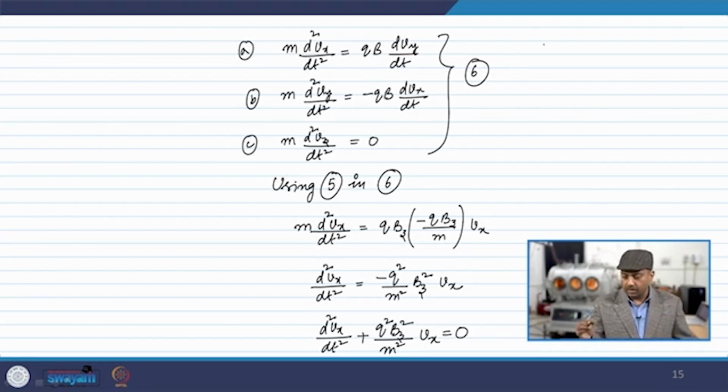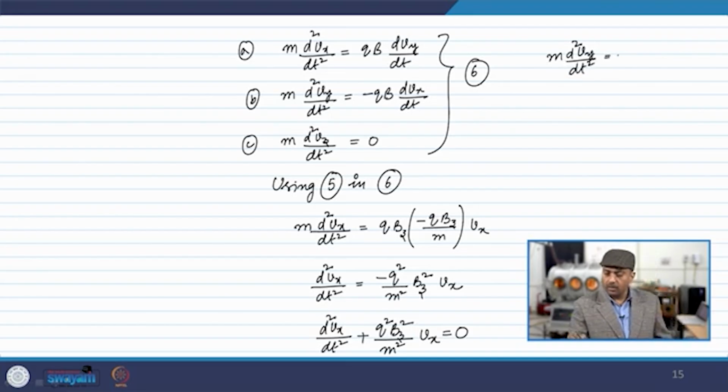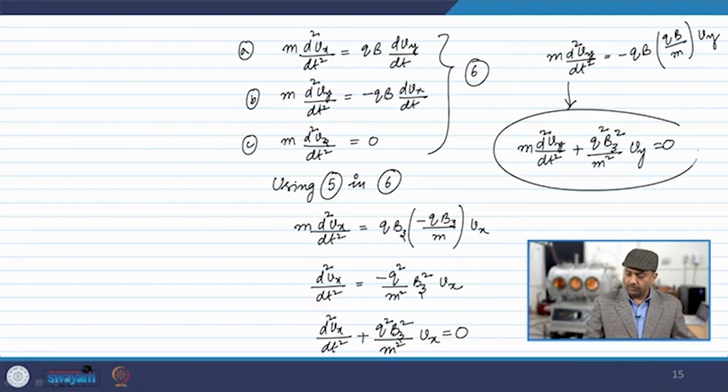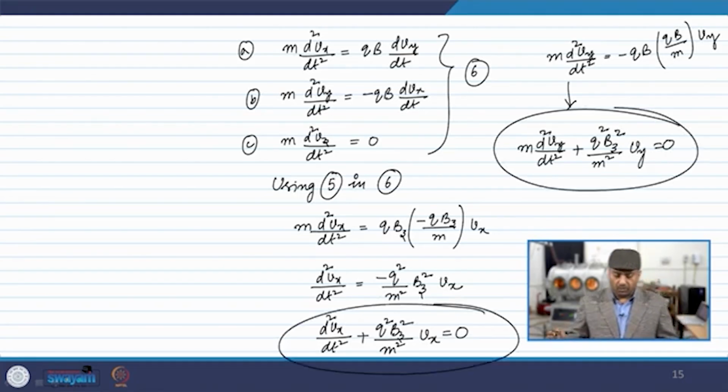If we do the same, m d square vy by dt square is minus qB times qB by m vy. This can also be written as d square vy by dt square plus q square Bz square by m square vy is equal to 0. We have these two very important equations.